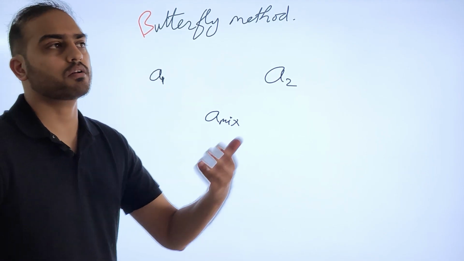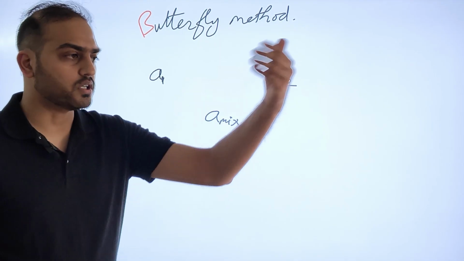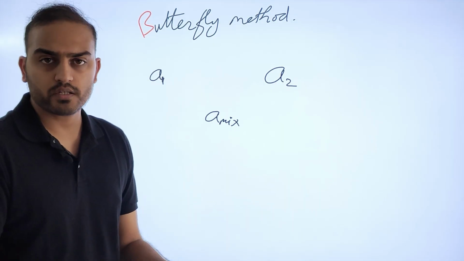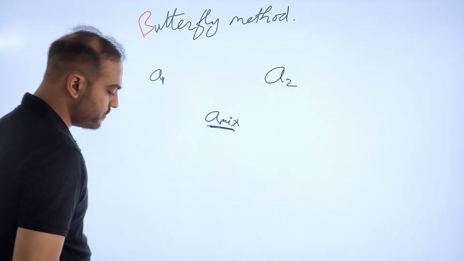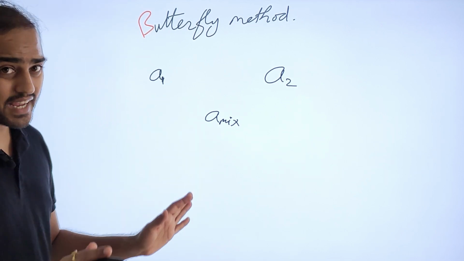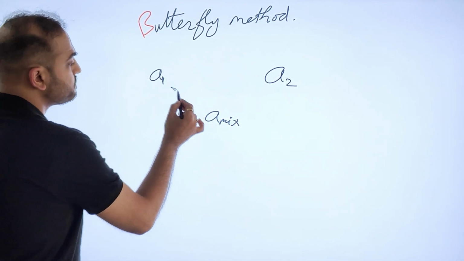Think of it like you are planning to rent a house: you come with one value, the other person comes with another value, and you compromise somewhere in the middle. Similarly, the average of the mixture will be between the two values, not exactly in the middle, but somewhere between the two.